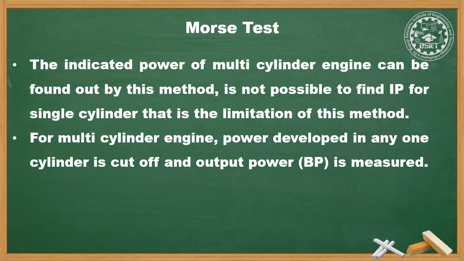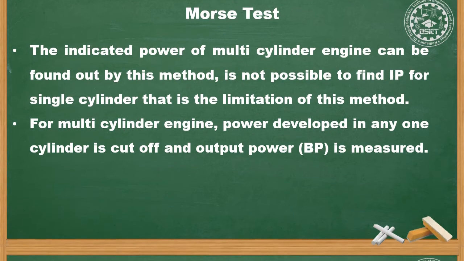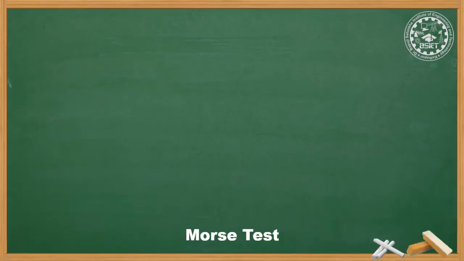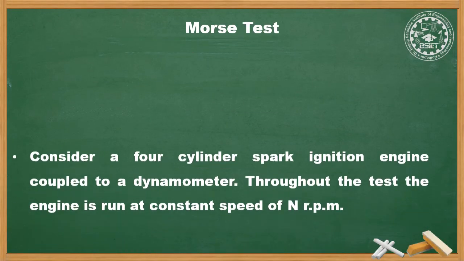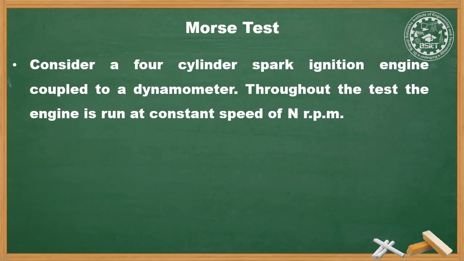The procedure for calculating the indicated power by Morse test will be explained step by step. Consider a 4-cylinder spark ignition engine coupled to a dynamometer, and throughout the test the engine is run at a constant speed of n rpm.